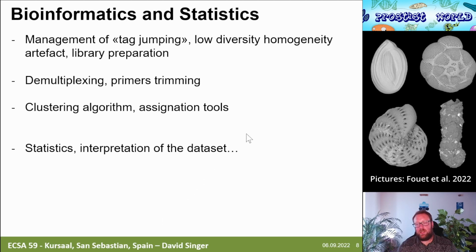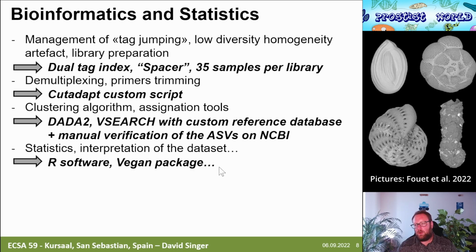And this is a really important step, and you have a lot of issues that you need to deal with, like the management of tag jumping, the low diversity homogeneity artifact, the library preparation, and also how you will demultiplex and trim the primers of your FASTQ, the clustering algorithms, the assignation tools, of course the statistic interpretation of the dataset, and for all these different steps, you will have different strategies.